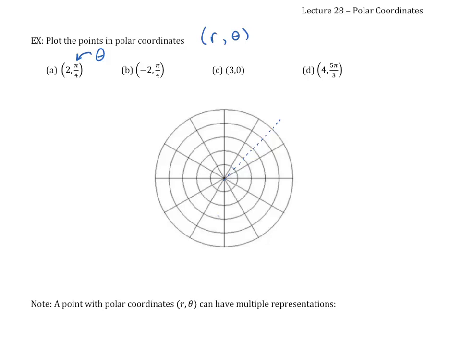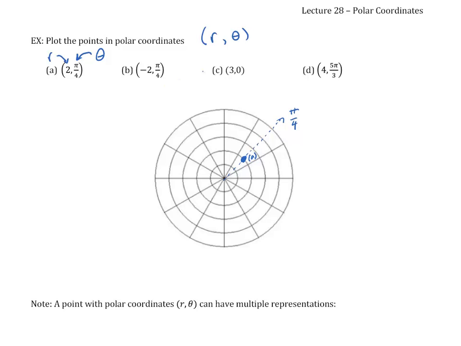It's a 45-degree angle. And then my r is 2, so if I go out 2 in that direction, in the direction of pi over 4, 1 unit, 2 units, positive means go forward in that direction along that ray. So that is the point A right there.